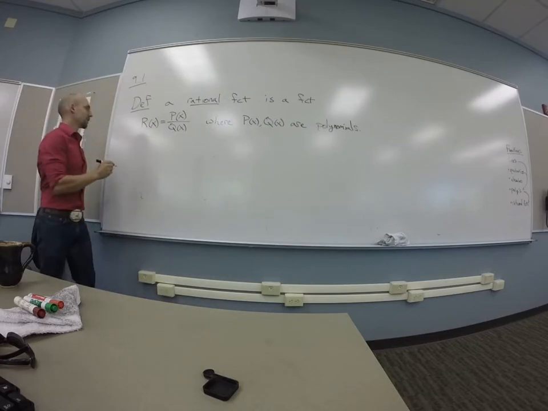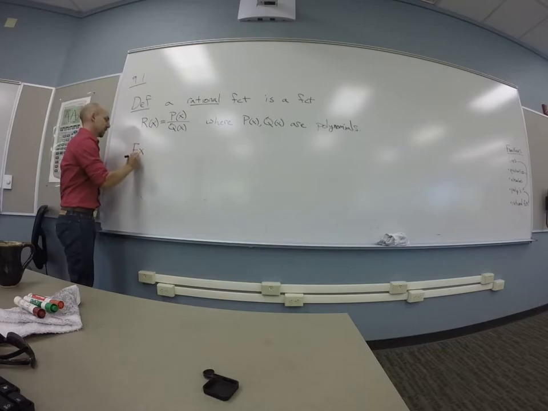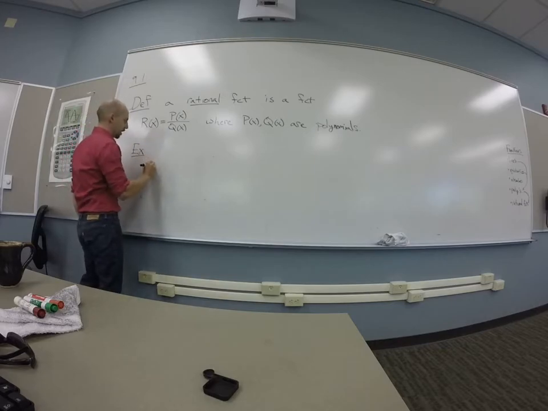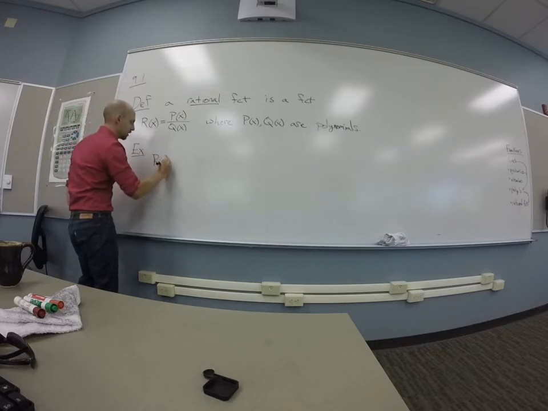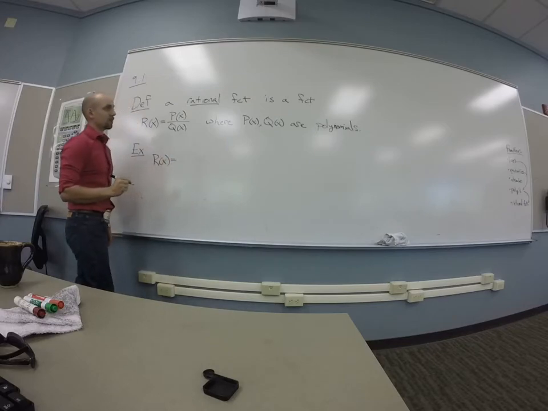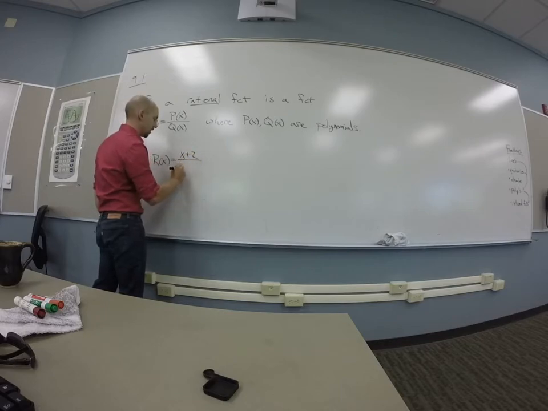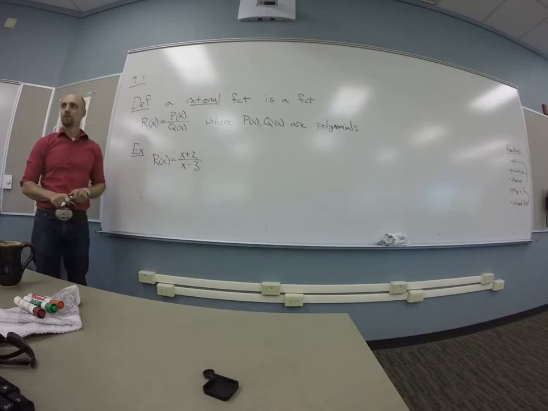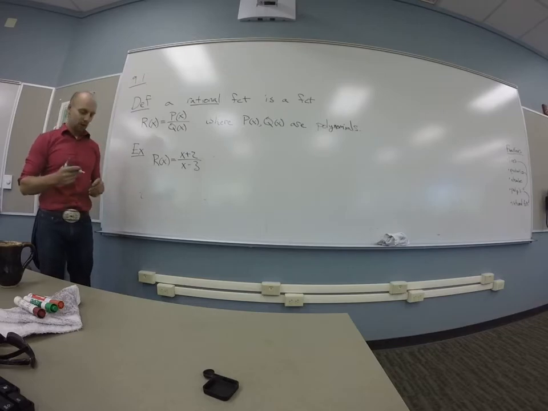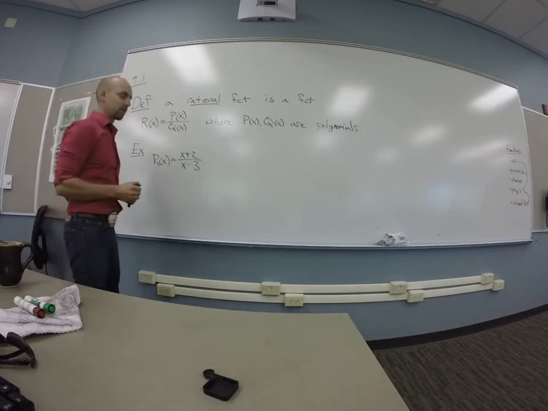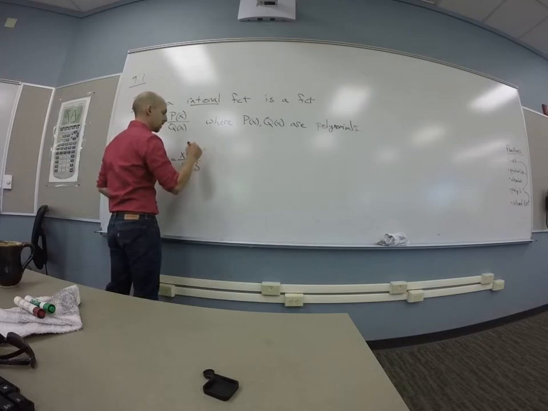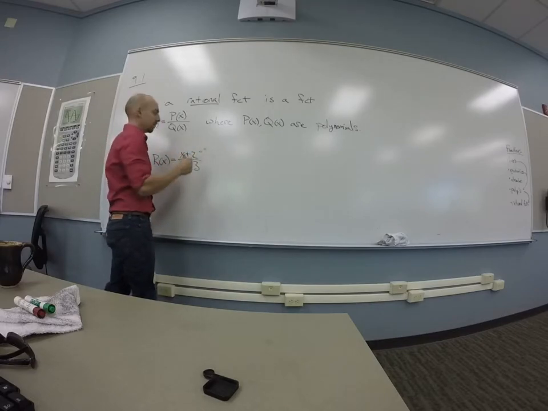An example of something like this would be r of x looks like, I don't know, x plus 2 over x minus 3. You guys with me on this? This guy on top, that's p.